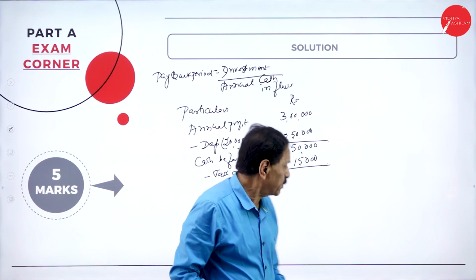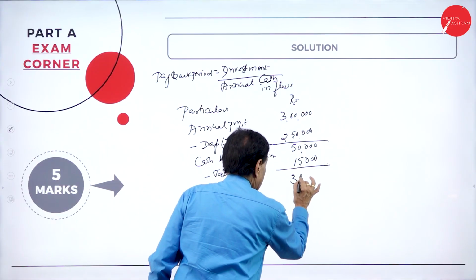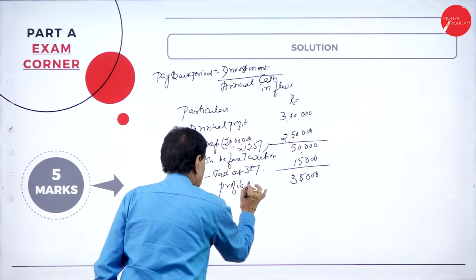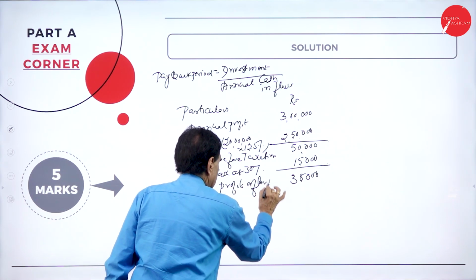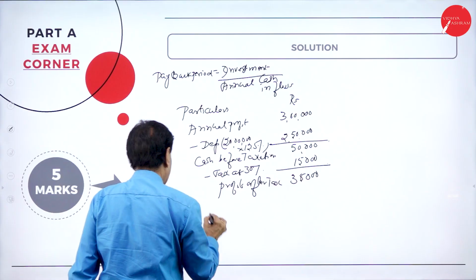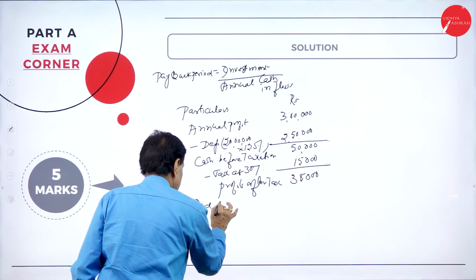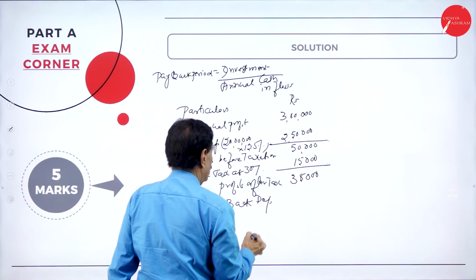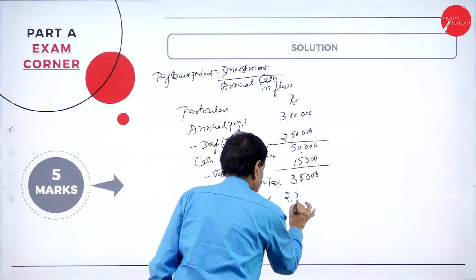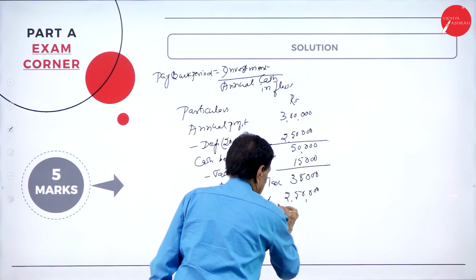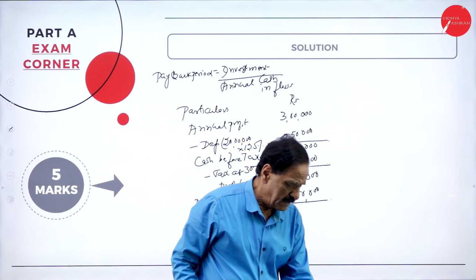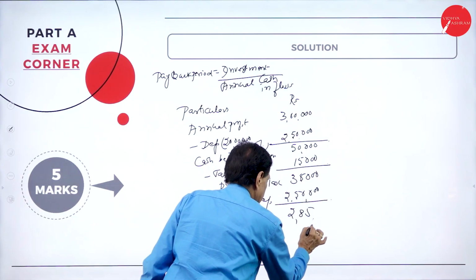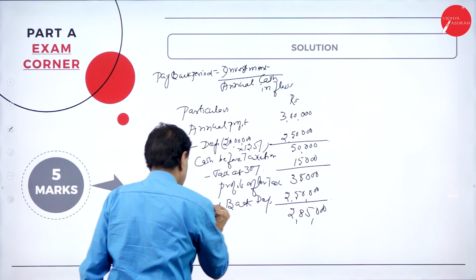So it works out to 35,000, profit after tax. Add back depreciation 2,50,000. Add back, this is 2,85,000, the cash inflows.